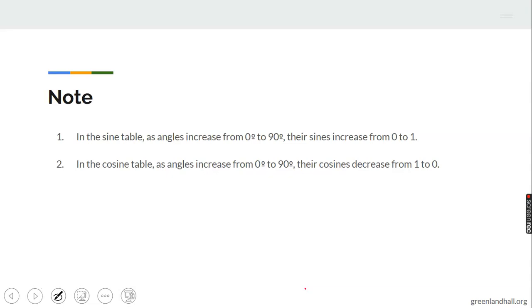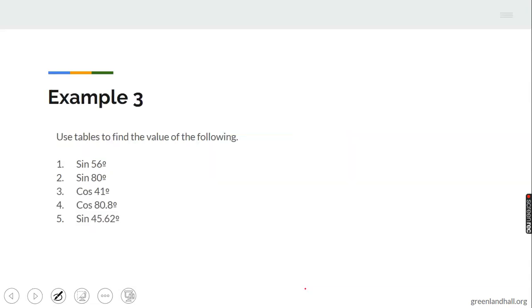In cosine, as the angle increases, the cosine value decreases from 1 to 0. So cos 90 will give you 0, and that is the highest angle that you have. But cos 0 will give you 1. So as you increase the angle, the value of cosine decreases from 1 to 0.